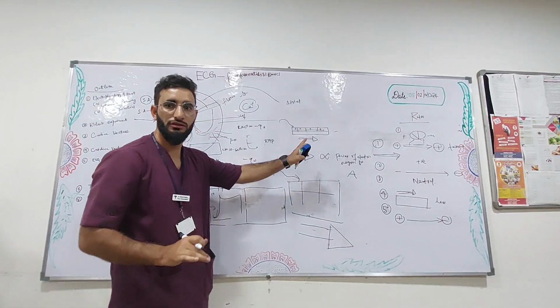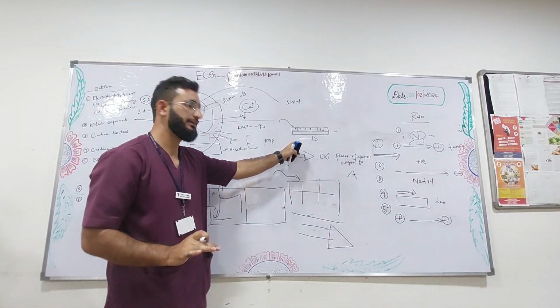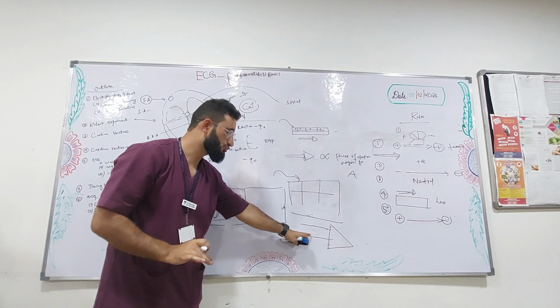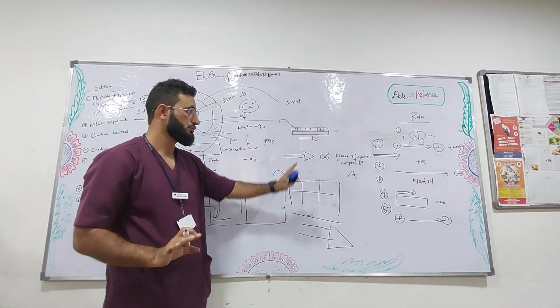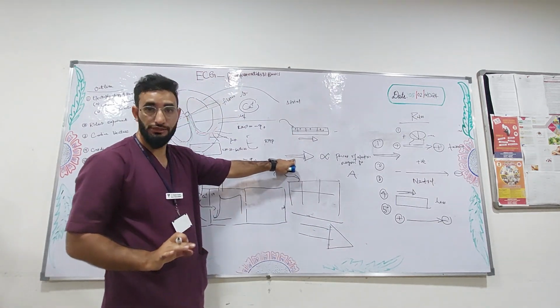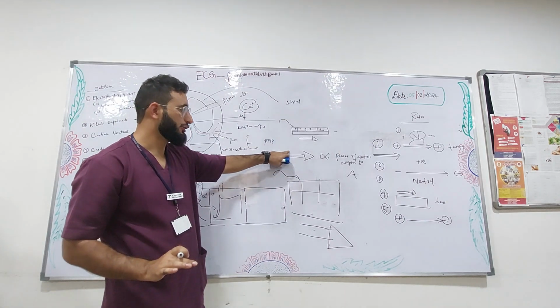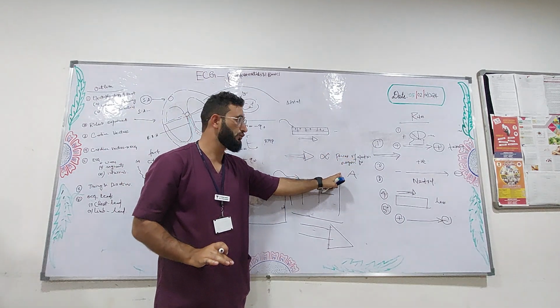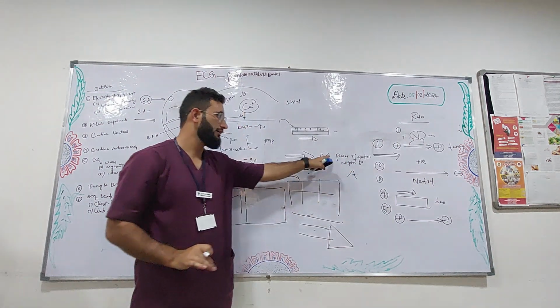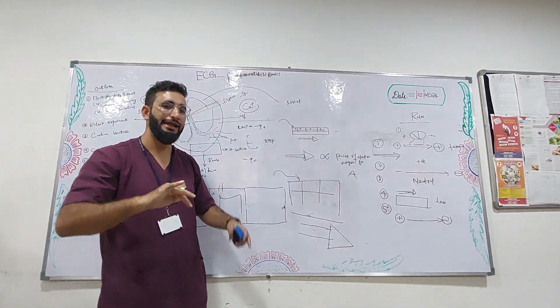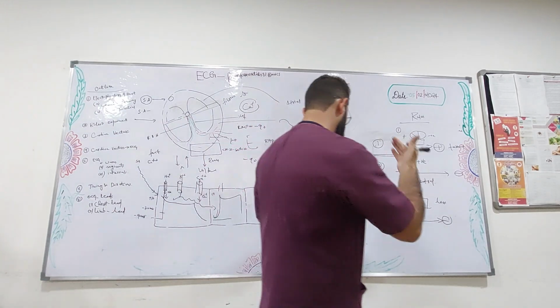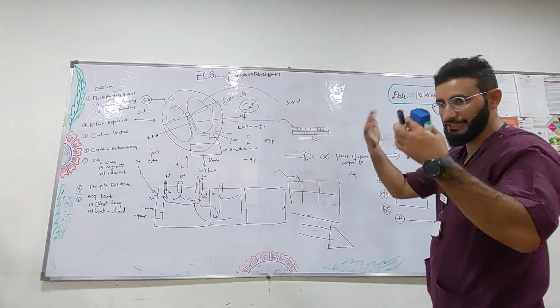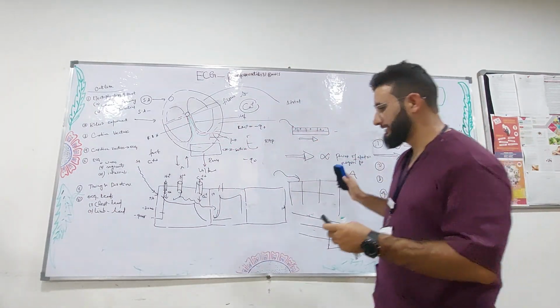So remember that the magnitude of the vector is proportional to the power of electromagnetic force, which depends upon the area and also the size of the tissue. So these are the rules.